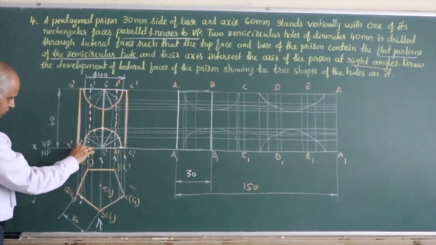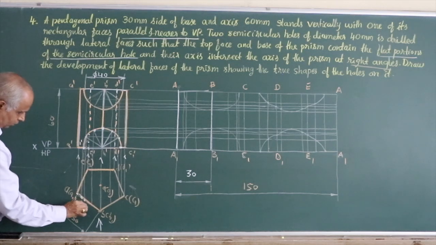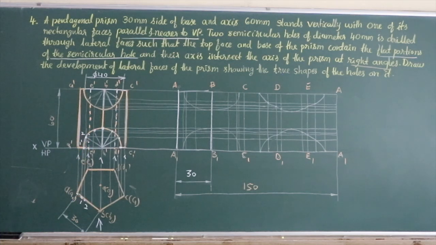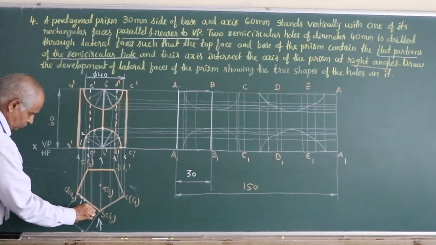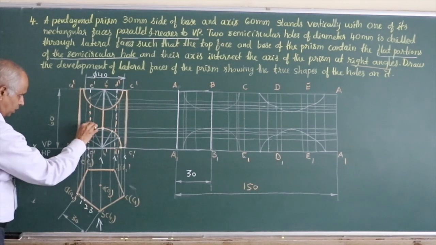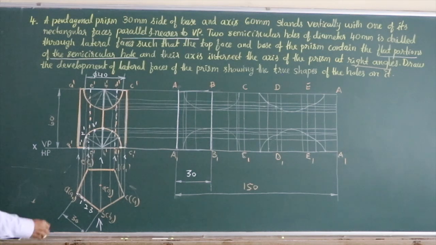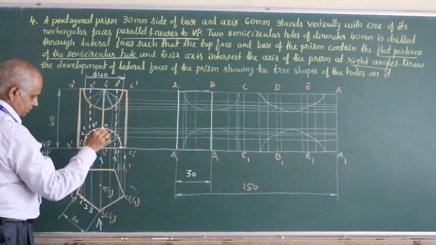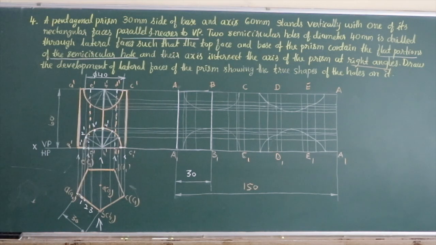Remember, I need to just take it down and I get this as section point 2, which is 2 here. Then when I take it down, I get section point 3 in top view and section point 3 dash in front view. Next, there is an edge here also, but remember it is on BB1 dash and section point 4 dash is found out.